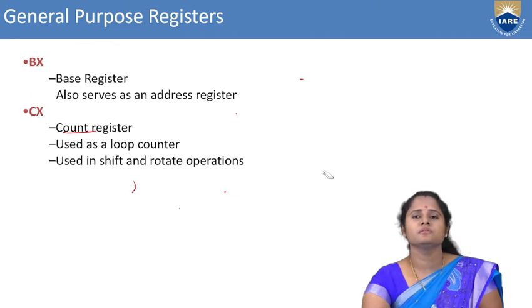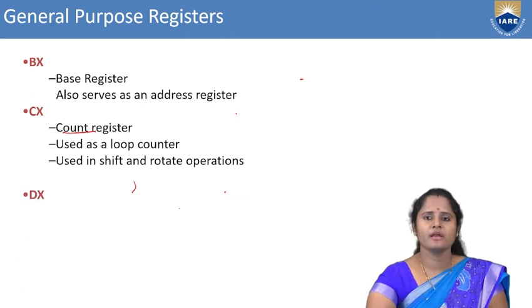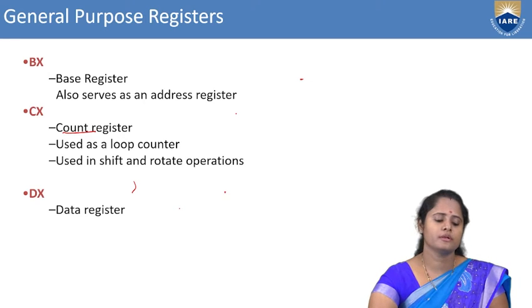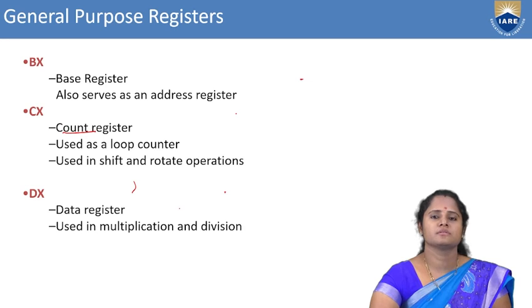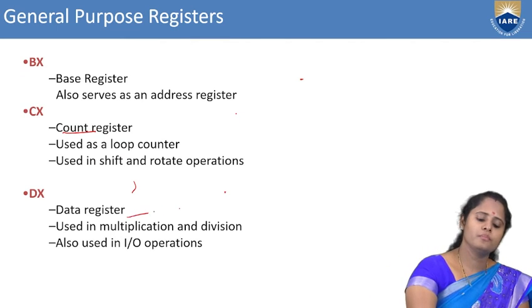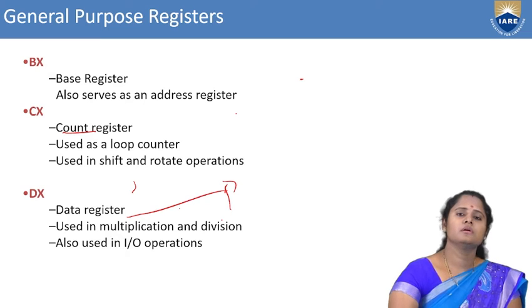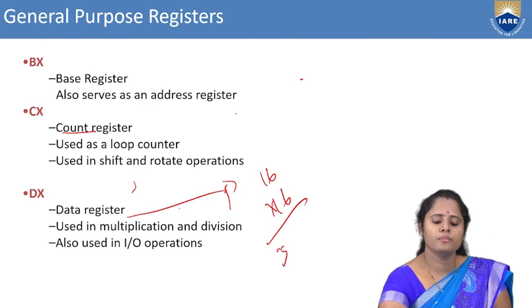Means iteration, if you are going for a string kind of operation, you will use a counter. Next one is the data register. DX is nothing but the data register. It is used for multiplication and division, and it is also used for IO operations. Whenever you are multiplying two 16-bit numbers, the output will be up to 32 bits.